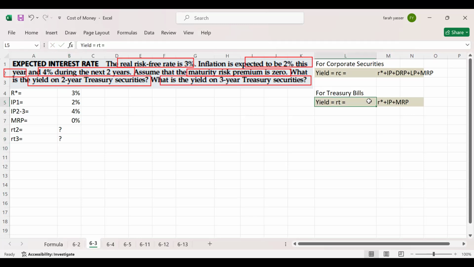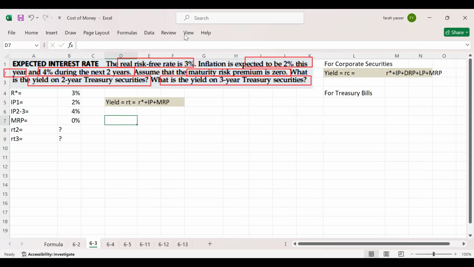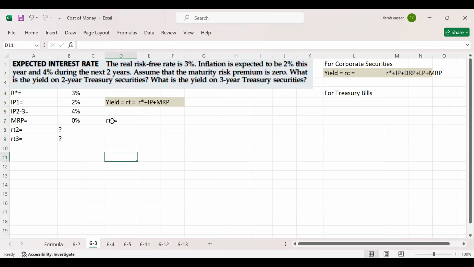Here we have the formula related to RT. So first of all, we need IP, inflation, for 2 years, because we are going to calculate, here you can see, RT2. 2 stands for 2 years if the T-bills are for 2 years, and RT3 if T-bills are for 3 years.